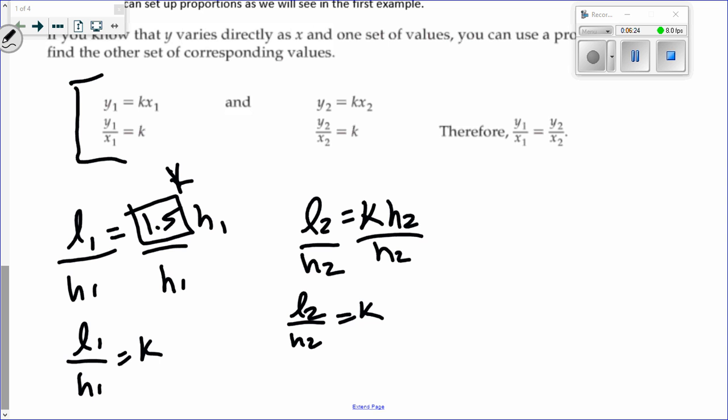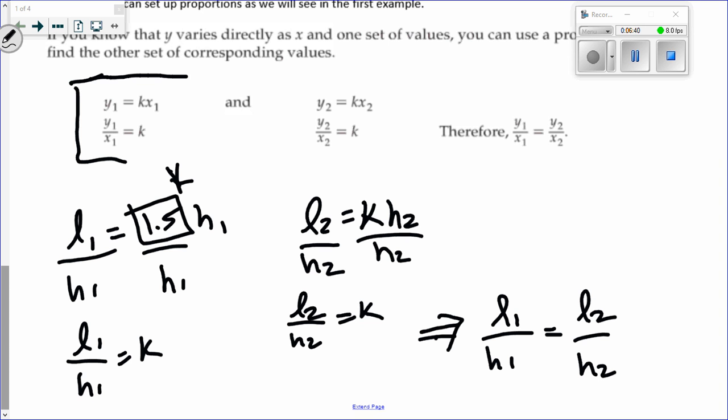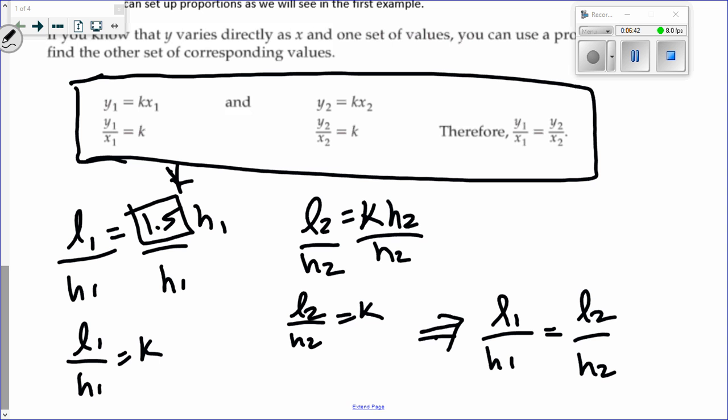So this implies that length 1 over height 1 must equal length 2 over height 2. And this is a general statement of that exact idea. We're going to use this type of proportion, y1 over x1 equals y2 over x2, to solve for various unknowns throughout this lesson.